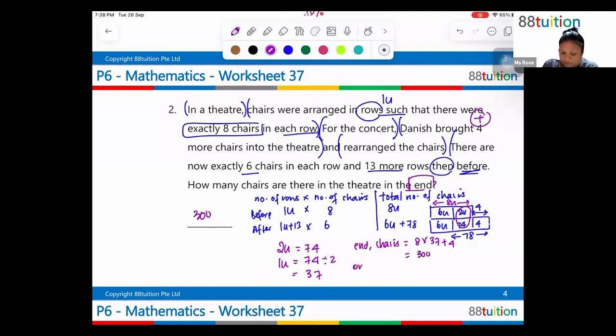Or you can also check the number of chairs. How do you check? Here I can use 6 units, which is 6 times 37 plus 78. This should also give you 300 chairs. Okay? All right. Got it?